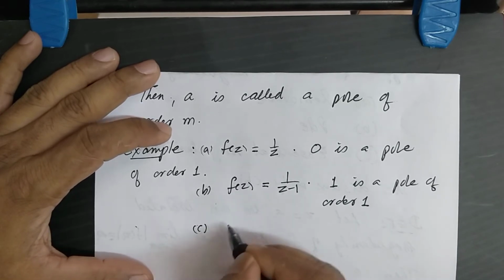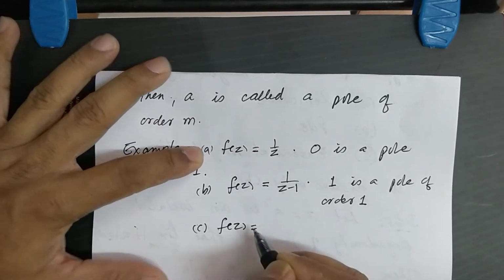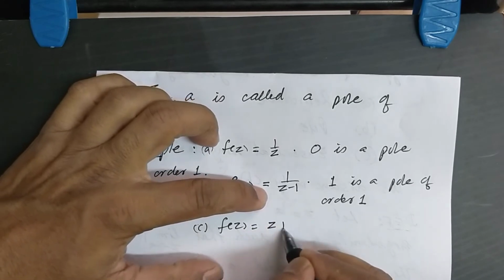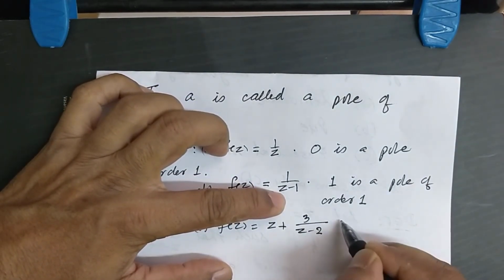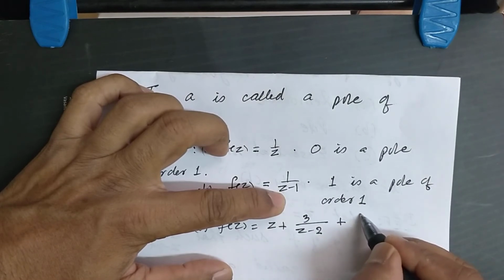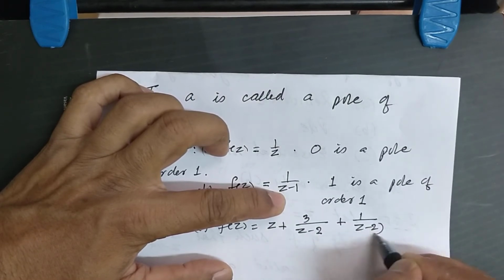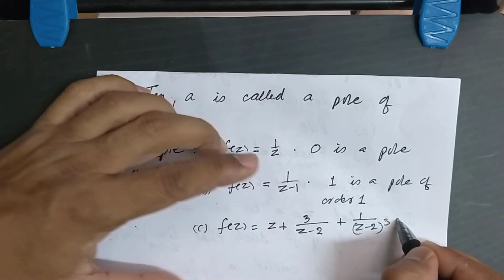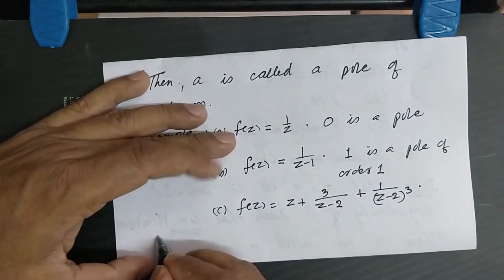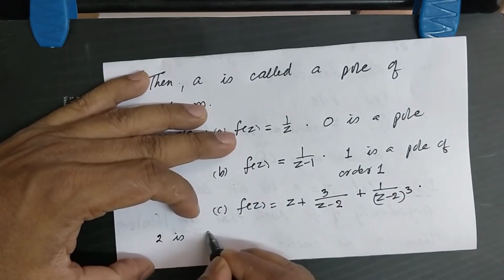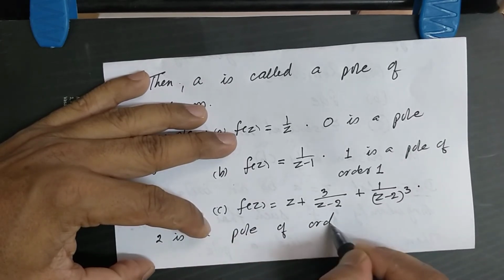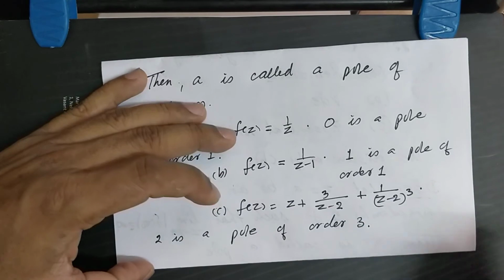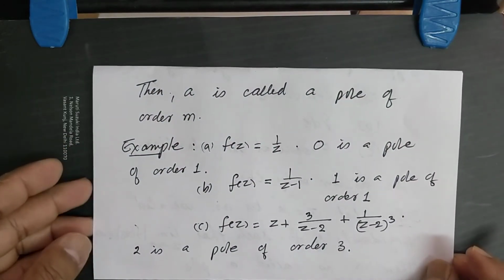Let's look at f of z equal to z plus 3 upon z minus 2 plus 1 upon z minus 2 cube. Then in this case 2 is a pole of order 3, and so on. Okay.